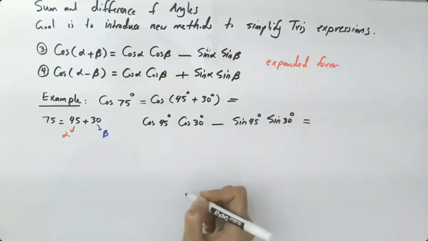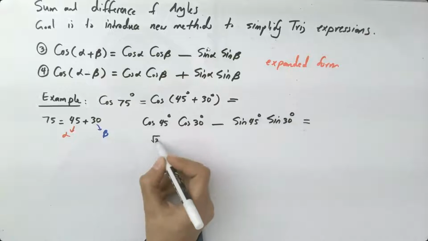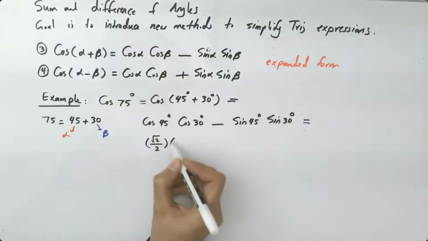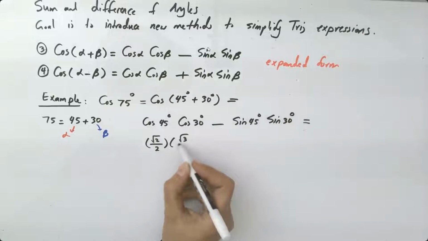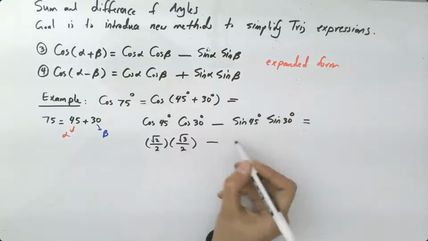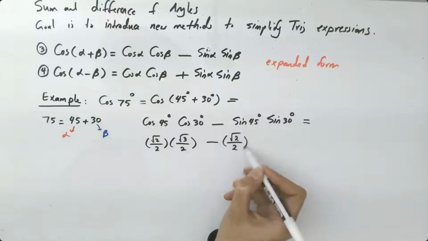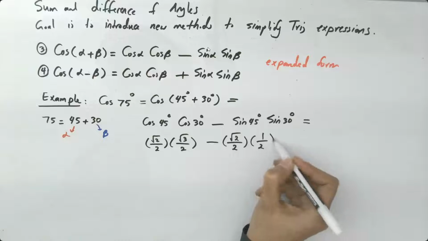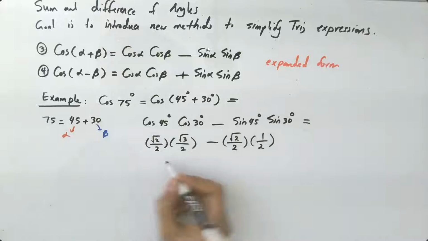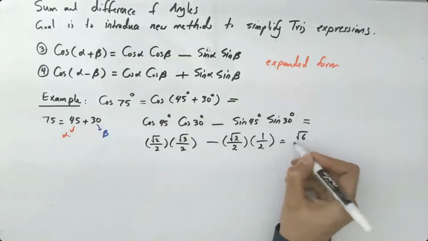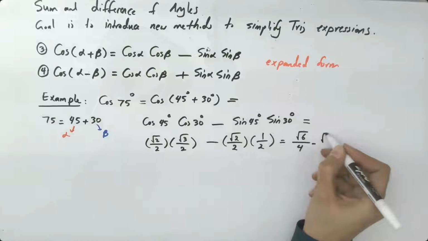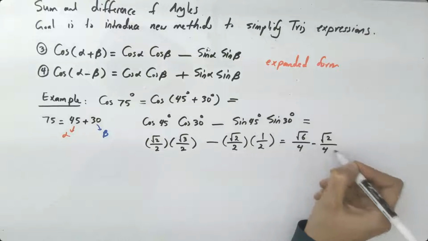This is equal to square root of 2 divided by 2 times cosine of 30 degrees, square root of 3 over 2, minus sine of 45 degrees, square root of 2 divided by 2, times a half. Very good. So we get square root of 6 divided by 4 minus square root of 2 divided by 4.